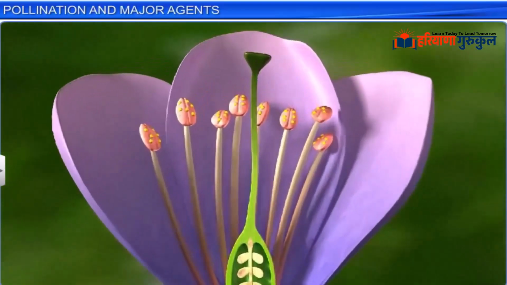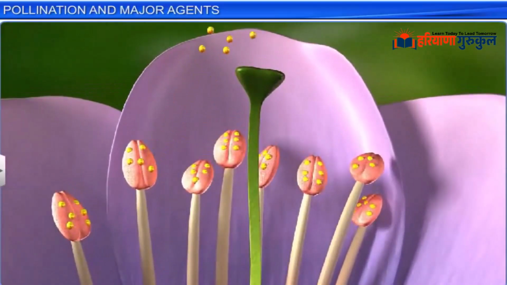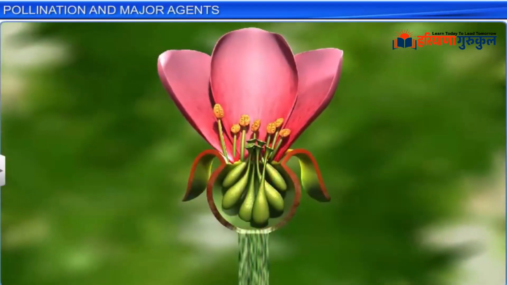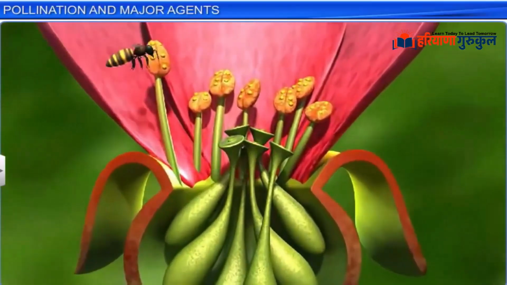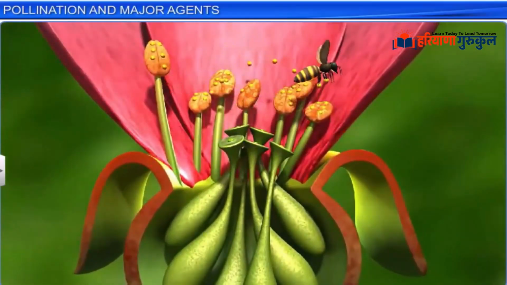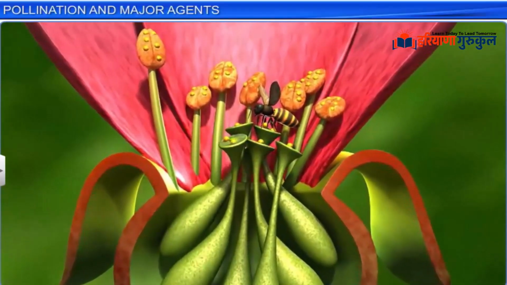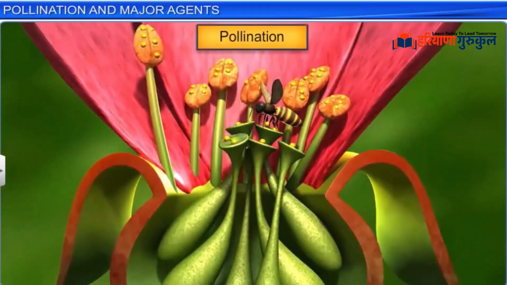However, since the gametes are immotile, pollen grains have to be transferred to the stigma. This process of transfer of pollen to the stigma of a flower, brought about by agents such as insects, wind and water, is called pollination.